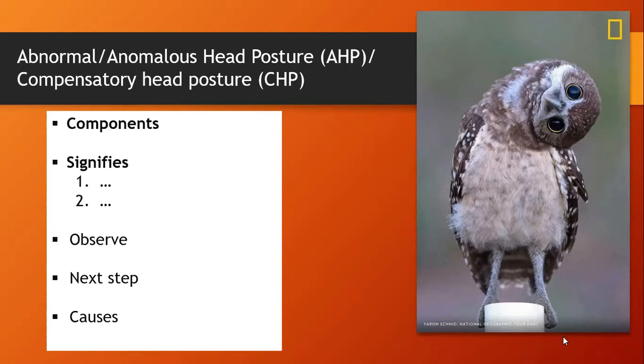There is another significance. You have to correlate between the abnormal head posture and the version movements. There must be a limitation in one gaze or more. If the cause of abnormal head posture is strabismus, because in this slide, as you see in the bottom title, there are different causes for abnormal head posture other than strabismus.